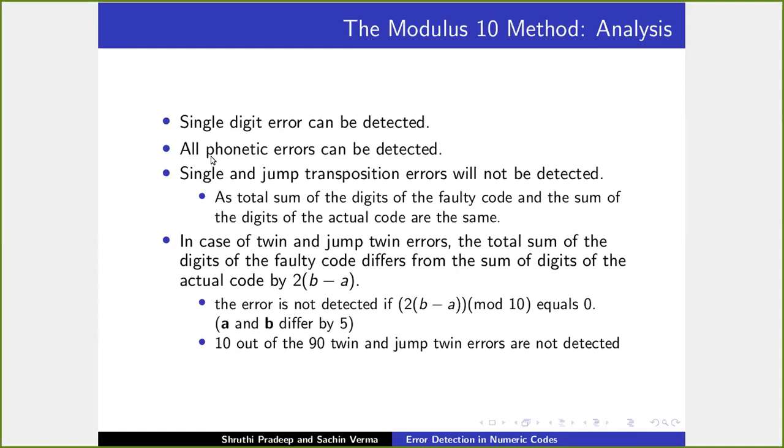Okay, so I'll just remind them what a phonetic error is. It is when, for example, the person said 13 but we wrote 30. These kinds of errors are known as phonetic errors.